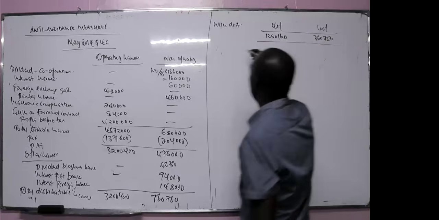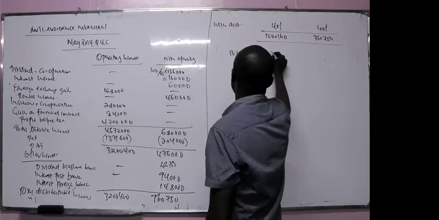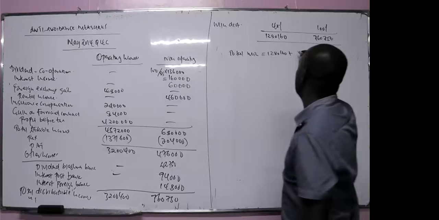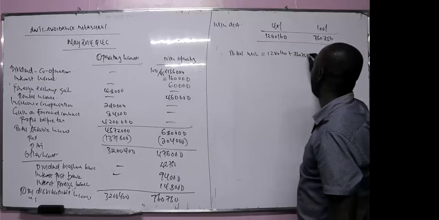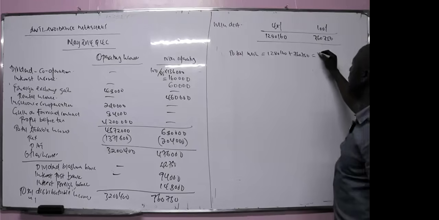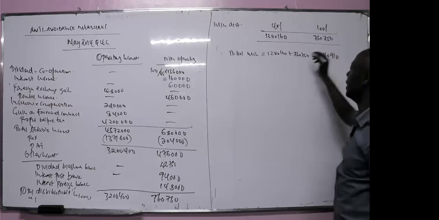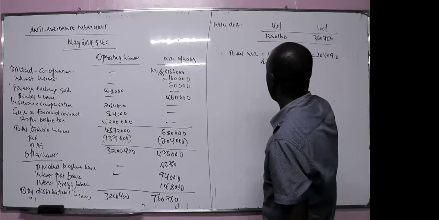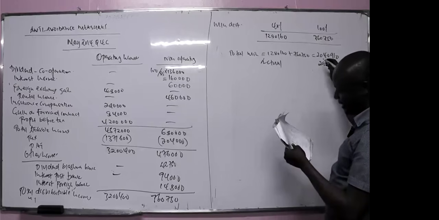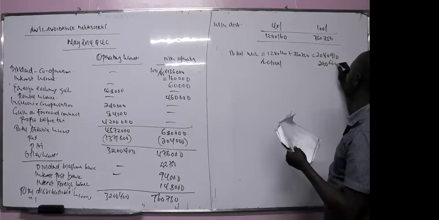So here we have total minimum, 1,280,160 plus 760,750. How much does it give you? 2,049,290,660.